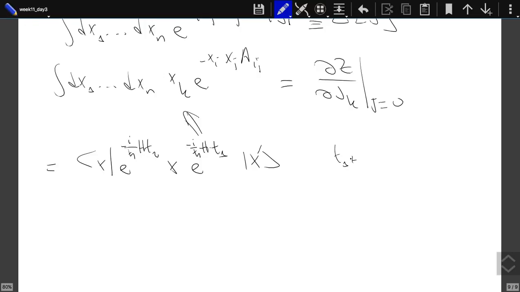And then t1 plus t2 will be equal to my total time t in my path integral. And t1 is equal to epsilon times k. So I just evolve my state by t1 first, and then insert an x, and then evolve my state by t2. The total evolution time we define to be t. And since I'm inserting the x after I evolve my state by t1, and t1 I just divide into k intervals, after that I have my x, so that's why xk appears over there on the top.